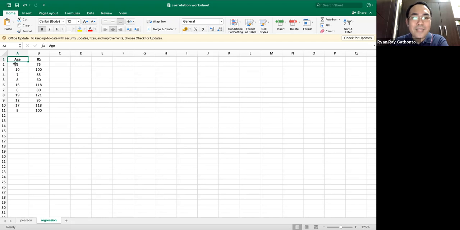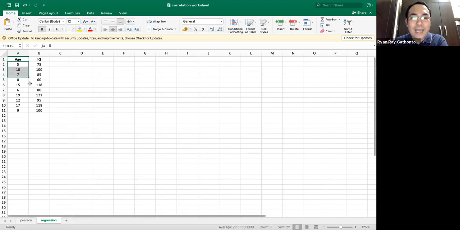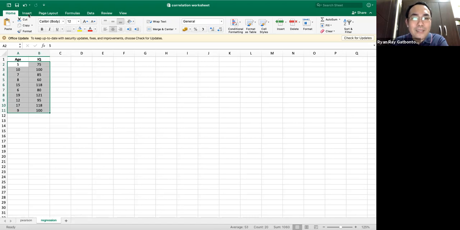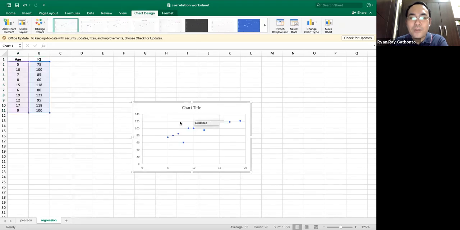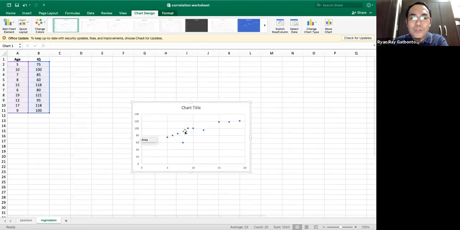In Excel, just highlight the two variables, click Insert, and choose this chart type. We use a scatter plot diagram, so we choose this button to plot our values in the Cartesian plane.